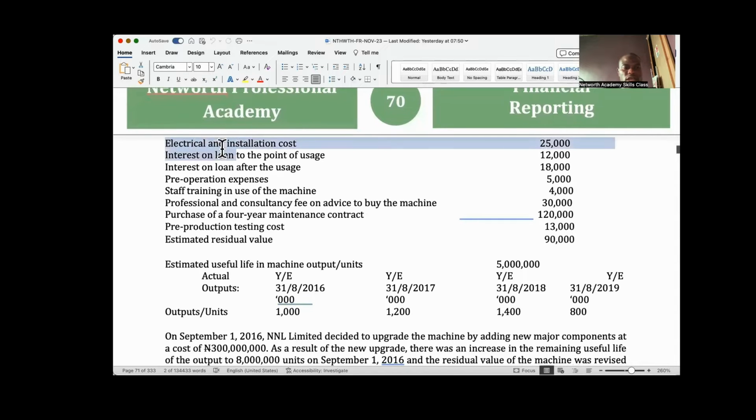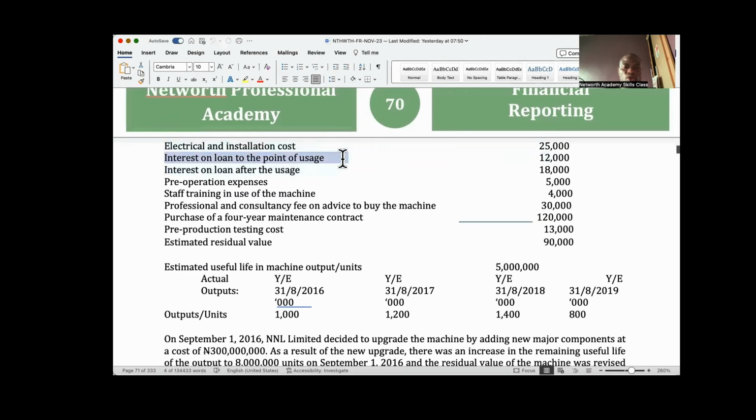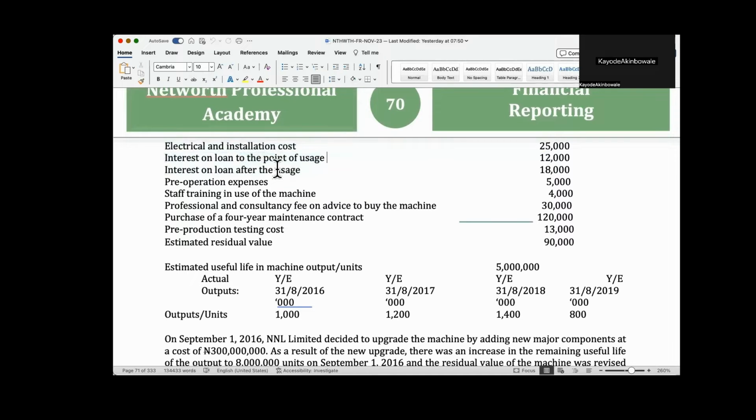Then the next one is electrical and installation costs. Are we capitalizing that? Yes. Okay, that's correct. How about interest on loan to the point of usage? No, this should not be capitalized.